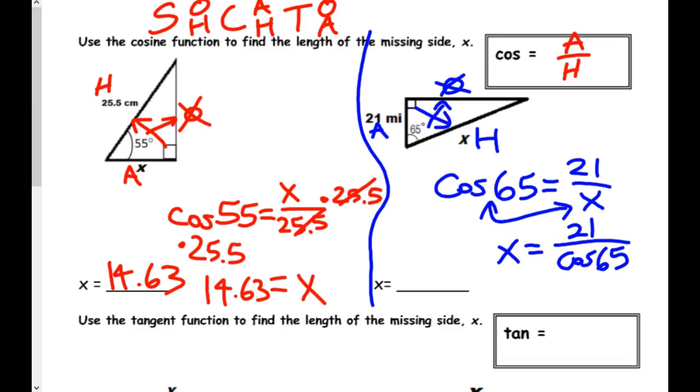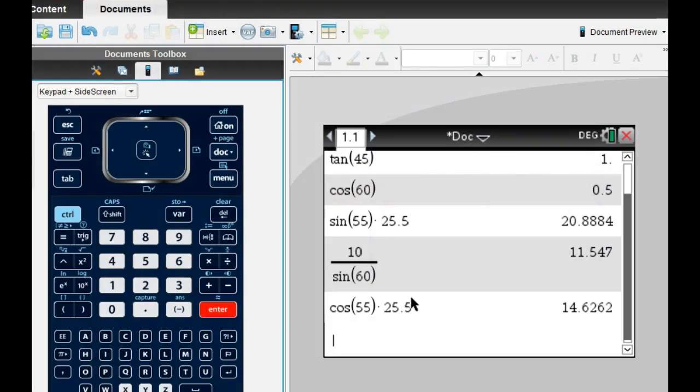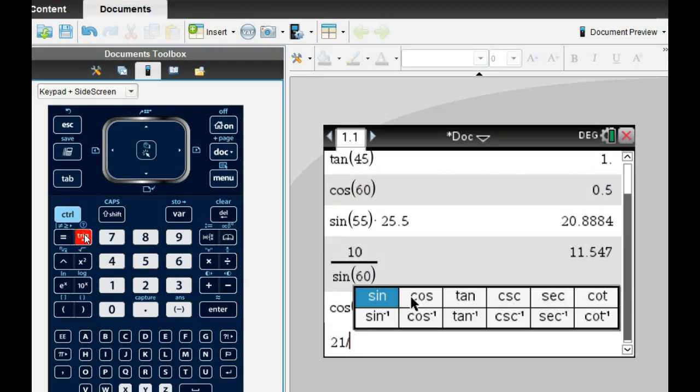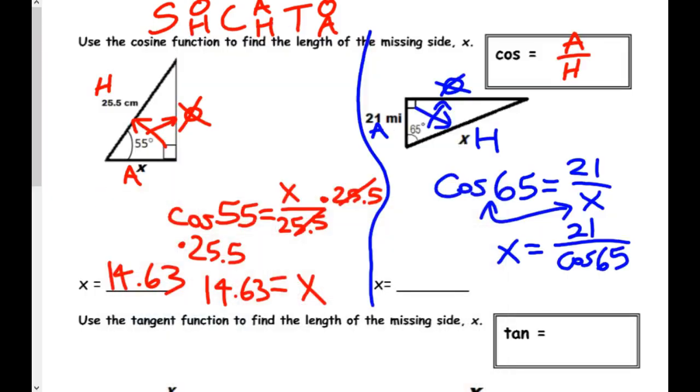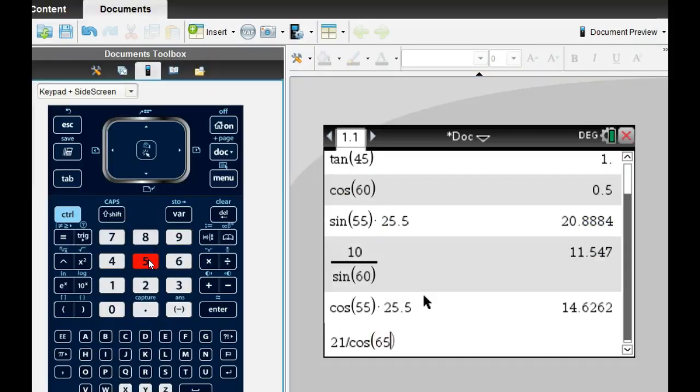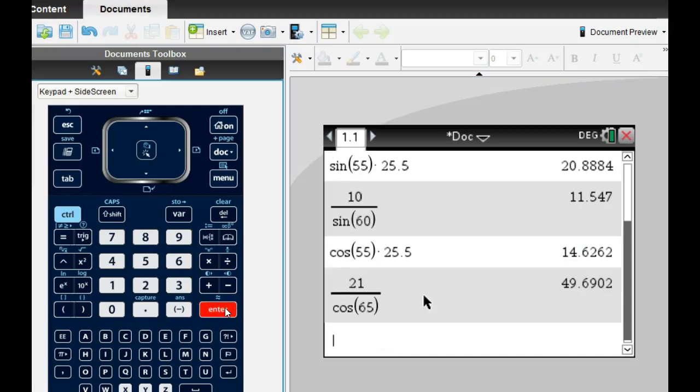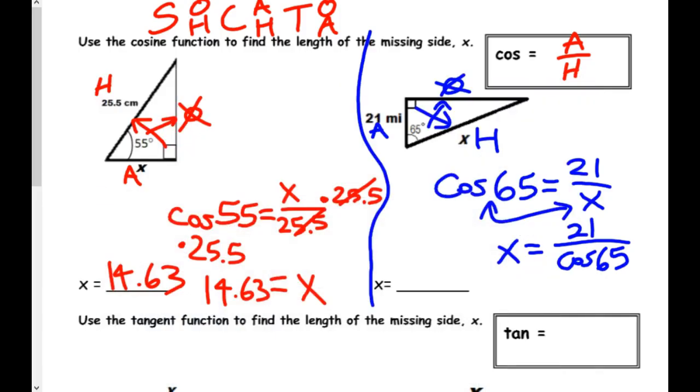So let's type that in. 21 divided by cosine 65. That gives me 49.69. The 0 does not make it go up. So 0.69.